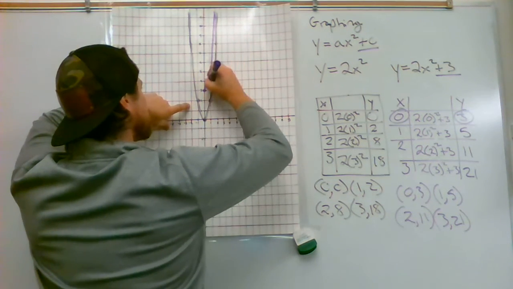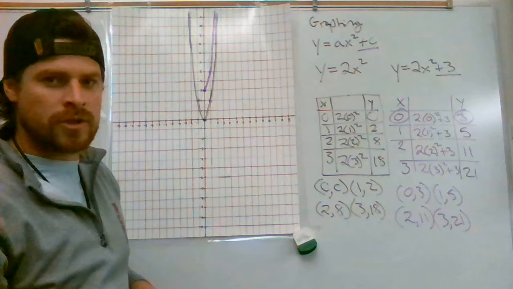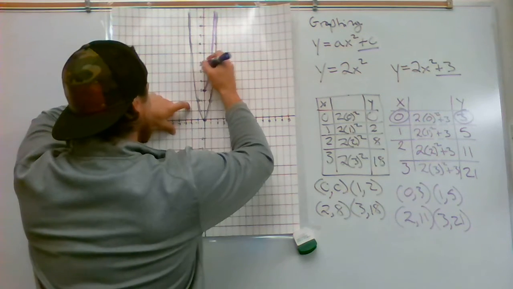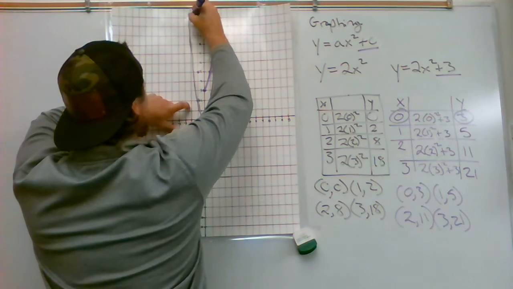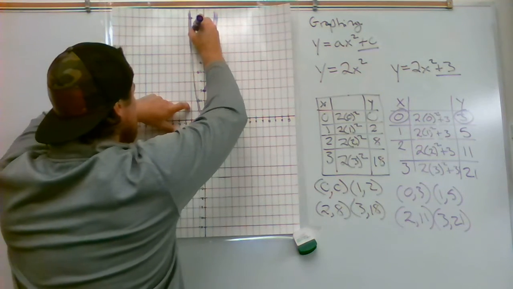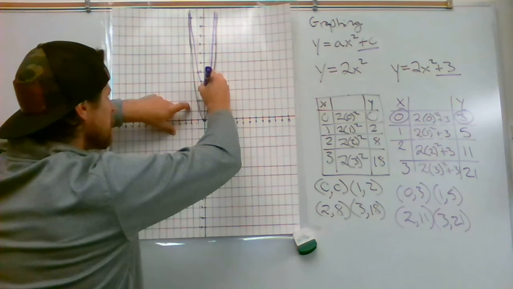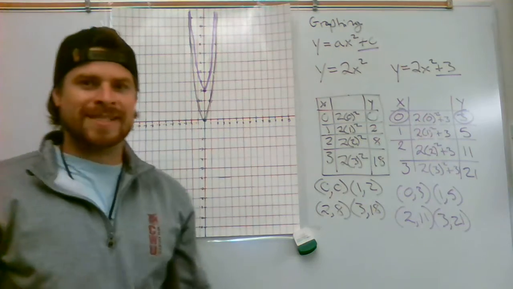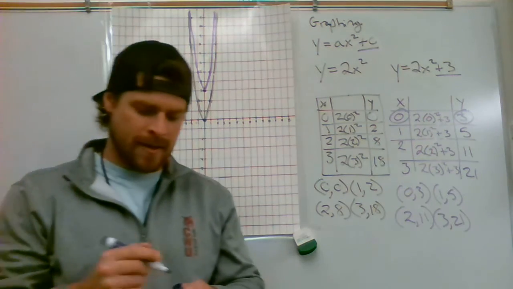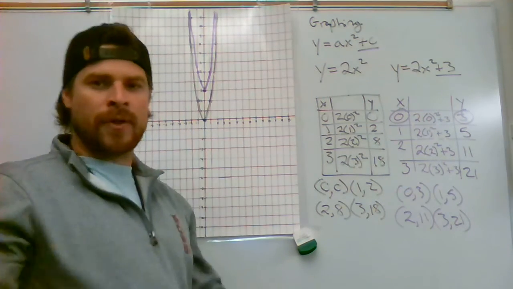And this parabola is going to look like this. Does it look familiar? Sure does. Opposite side. Excuse me for that noise. But notice it's the exact same parabola. It just shifted up 3 units. Let's take a peek at it.